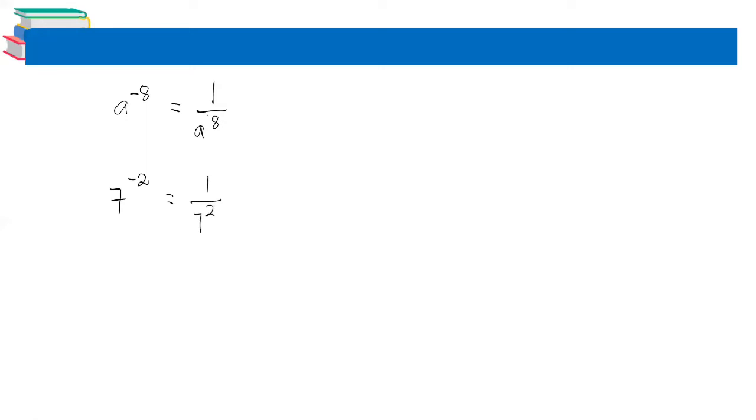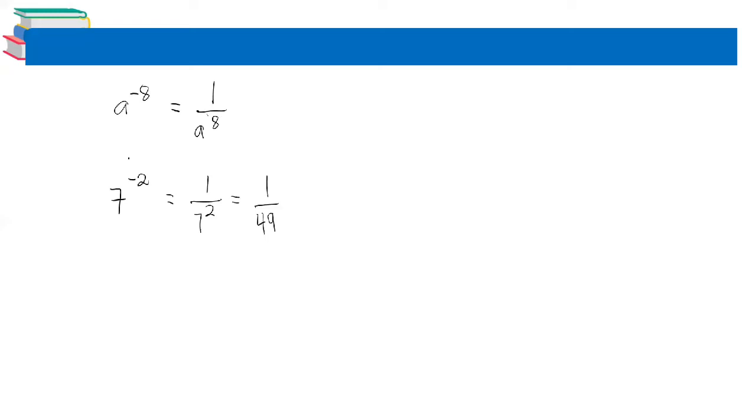And when we simplify this expression, it becomes 1 over 49. So it's different from the given variables, with our given integers. If our given is integers, then we can simplify it. But if it is a variable, our simplification is still a variable.